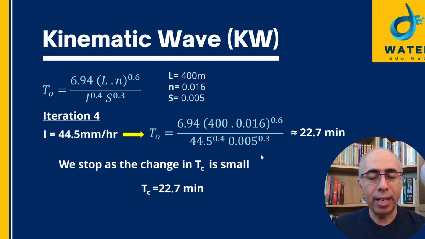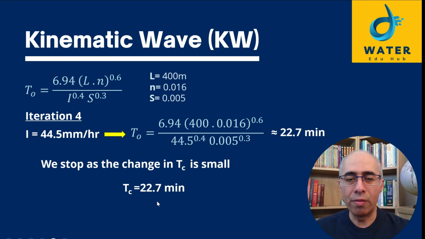I plug it in again and I get 22.7, and I can stop because there is very slight change in the TC. So that's the converged value after the iteration. If you want to pick the numbers, your time of concentration is 22.7 minutes and your ultimate I is going to be 44.5 mm per hour.